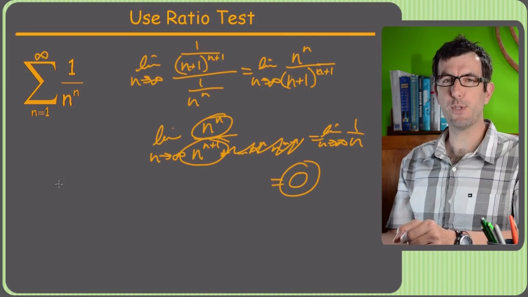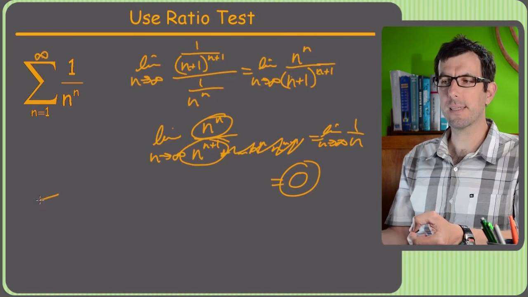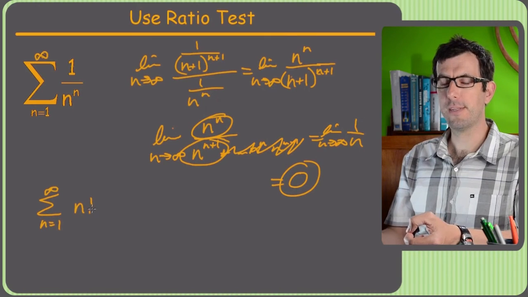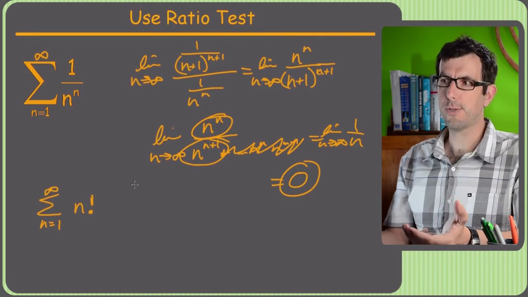Kind of feel bad that we haven't shown anything diverges with a ratio test, but the same thing would apply. Let's say we wanted to take the sum of, I don't know, n factorial. Does that converge or diverge? Well, let's try doing it.